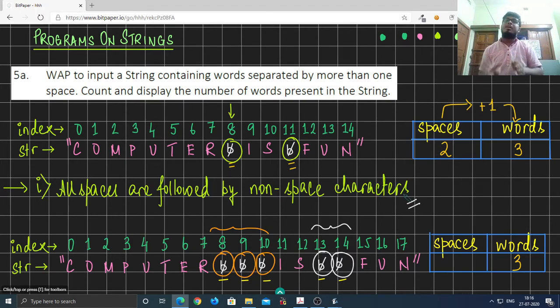So take your time, pause this video, and try to figure out which of the spaces at indices 8, 9, and 10, and 13 and 14 follows the property that the space is followed by a non-space character. Because if we count those spaces, then this observation would hold, and therefore we will get back the number of words that are there in the string. All right, pause this video.